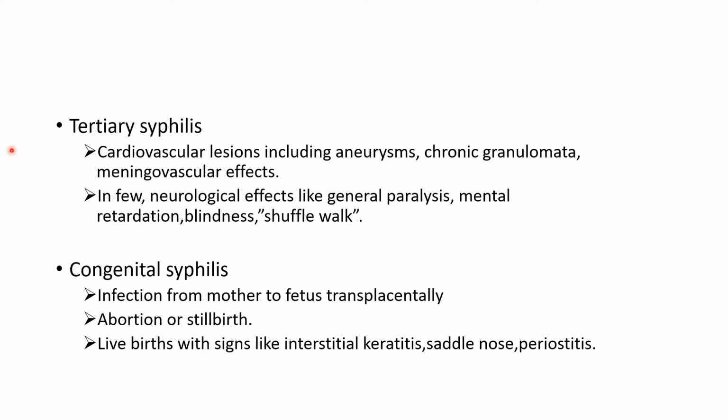In an aneurysm the arteries will get affected, and chronic granulomata means where inflammation will happen, resulting in the accumulation of different types of immune cells. So inflammation starts happening inside, which will affect the meningeal region. Same way you will also see neurological effects like paralysis, mental retardation, blindness and shuffle walk.